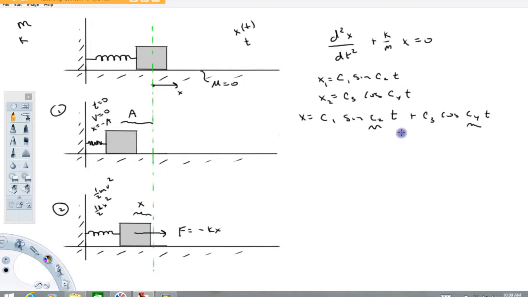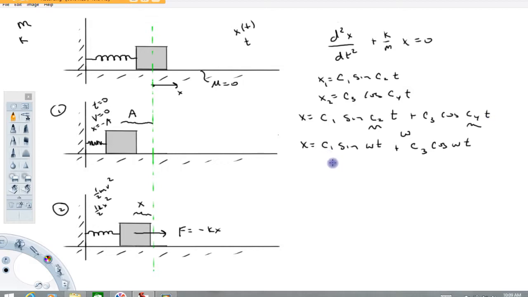It's usually denoted with the letter omega. So what I'm going to do is write this as C1 sine omega t plus C, I guess I'm calling that 3 now, cosine omega t. Now, whether you call these A, B, C, D, or C1, C2, C3, C4, that's completely irrelevant. I mean, in other videos I probably called these constants different things. The names of them don't matter.